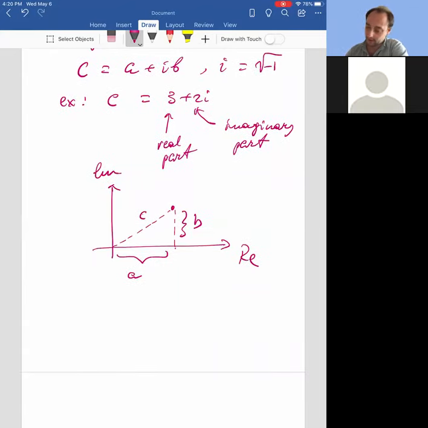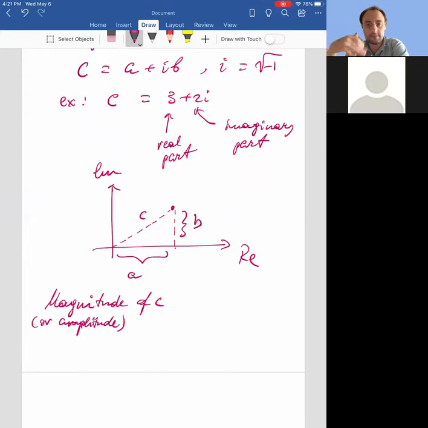and it has a magnitude or amplitude. Some people call it magnitude, some people call it amplitude. I sometimes mix the two terms.